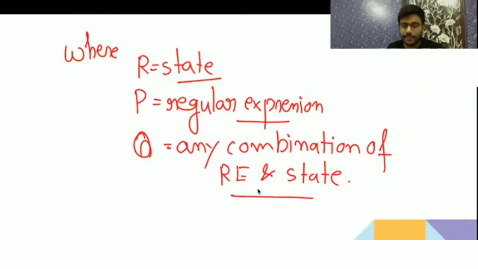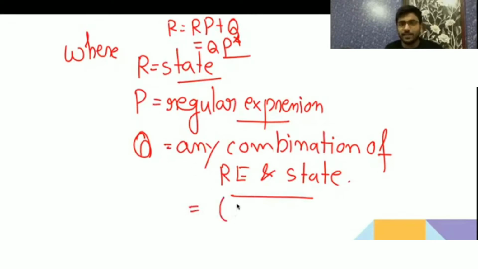Q is going to be any combination of regular expression and state. Am I clear? So if R equal to Rp plus Q, then R equal to Qp star. That only you have to remember. Where R is state, P is regular expression, and Q is any combination of regular expression and state.